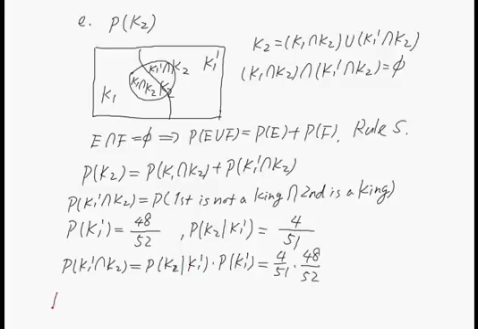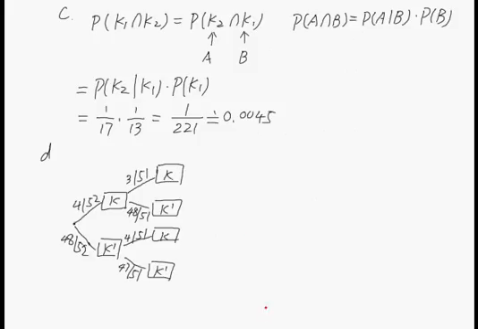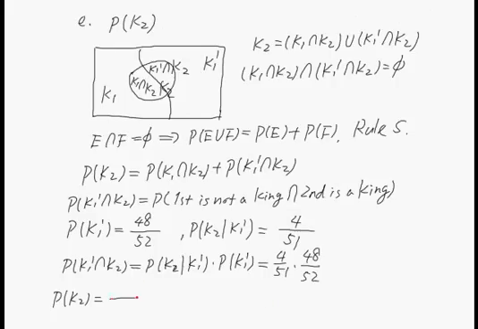So P of K2 is equal to the sum of P of K1 intersection K2, which is 1 over 221, plus P of K1 prime intersection K2, which is 4 over 51 times 48 over 52.